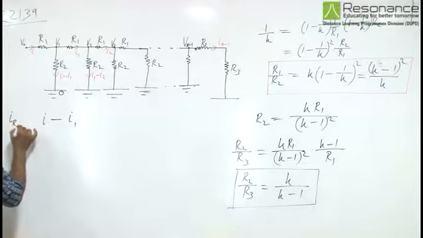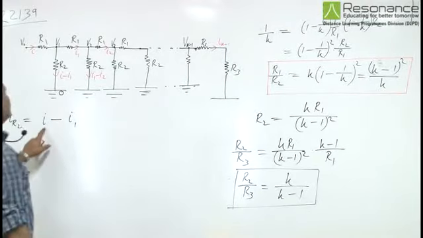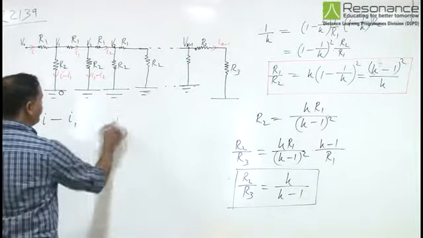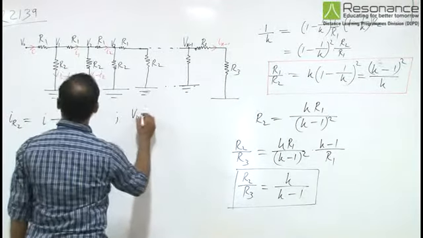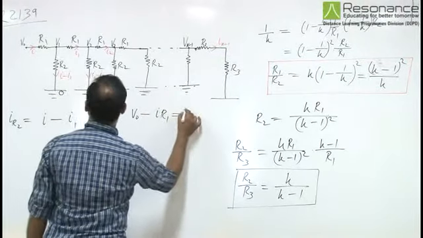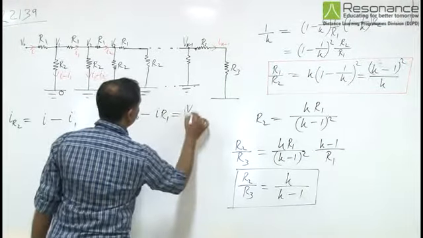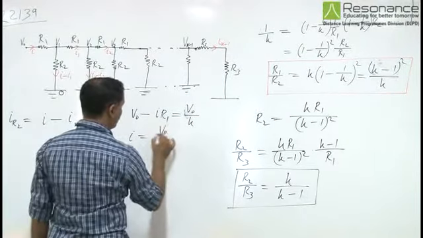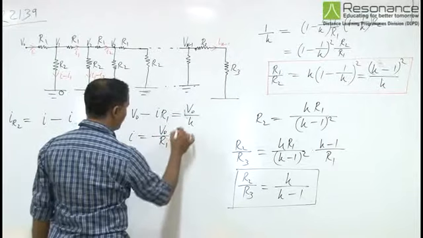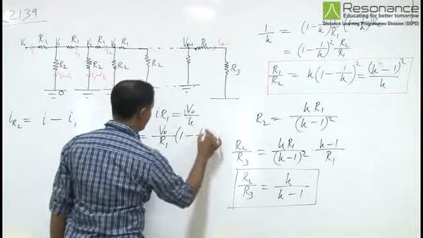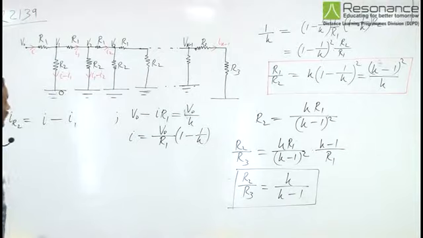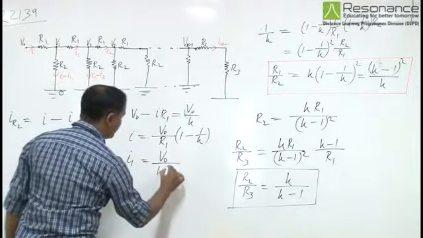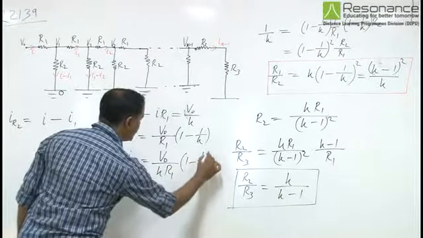We got the values of I and I1 initially. We got V0 minus IR1 is equal to V0 by K, or I is equal to V0 by R1 into 1 minus 1 by K. This was the value of I, and the value of I1 was V0 by K R1 into 1 minus 1 by K.